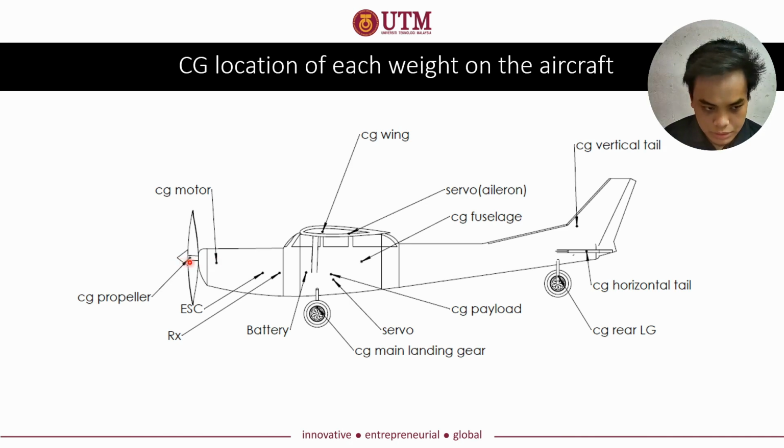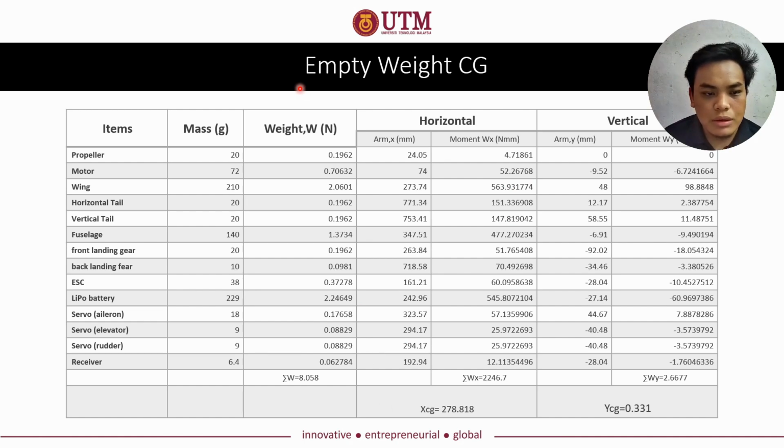This is the distance. Okay, so now let's calculate the empty weight CG. But first, we need to list down all the components that are involved in empty weight, such as the propeller, motor, wing, and all of this. And we need to put the mass of it. To calculate the moment, we need to multiply the weight with the distance, and we can get the moment for each component.